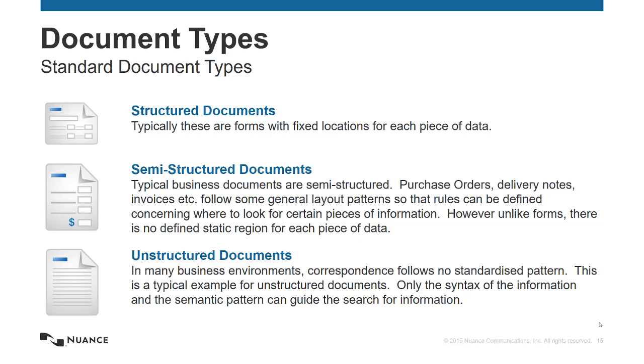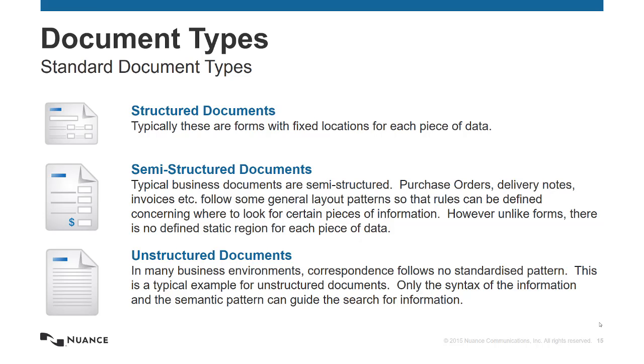The information, unlike forms, is never in a static region, but rules can be applied to understand how to read information from these documents. For example, invoices the world over follow a standard rule base. They generally all tell you who the invoice comes from.